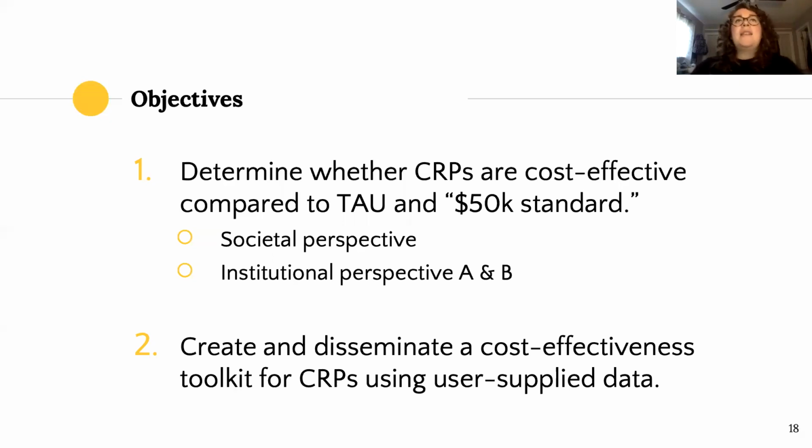Okay, so again, objectives here: we're determining if CRPs are cost effective. We're going to compare that to two thresholds. The first is the $50,000 standard, and it's actually related to the cost of dialysis. In this country, in the US, we cover dialysis under publicly funded healthcare, and we made that determination as a society years ago.